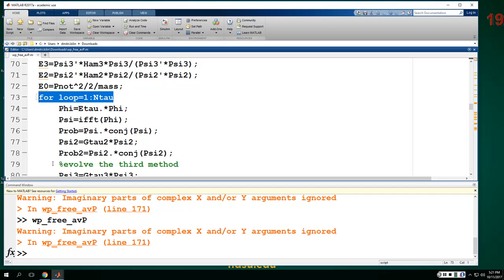So propagation, time evolution operator. G tau is the time evolution operator. So we already have something about the time evolution operator.